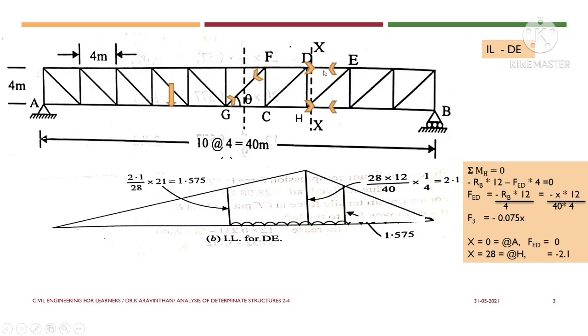So FED. FED will be acting anti-clockwise, and FED into distance is 4 meter, so minus FED into 4 meter is written here, and you have RB, that is the reaction at B, that will be X by L. So RB into the distance from H: one panel is 4 meter, totally 12 meter up to H. So RB into 12.